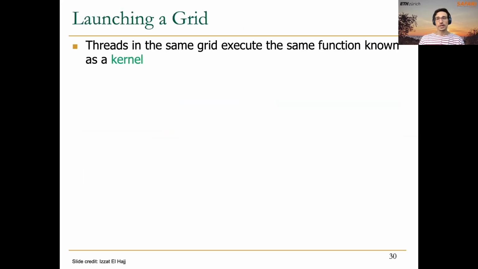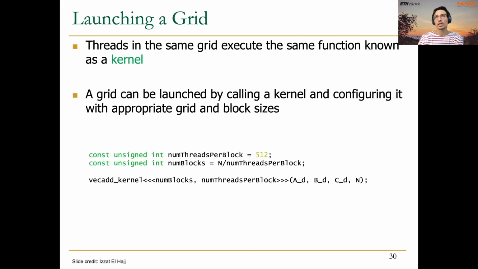Okay, now let's see how we launch a grid. We have already seen the syntax very briefly, but now we are going to see it in a little more detail. Threads in the same grid execute the same function, known as a kernel, and a grid can be launched by calling a kernel and configuring it with the appropriate grid and block sizes. This is what we call the execution configuration.